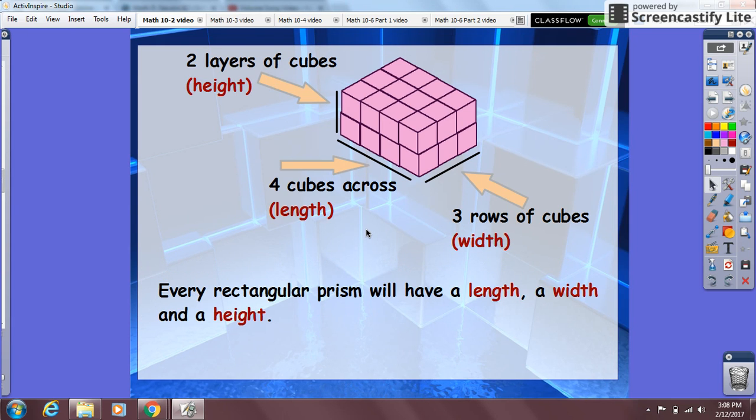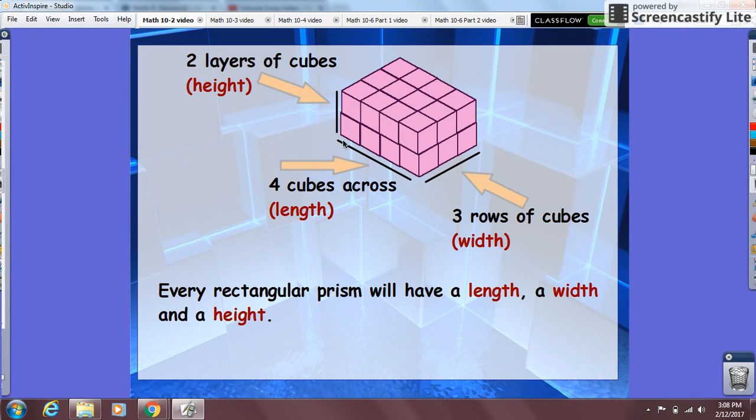Okay, I think you may have come to the conclusion that we could call the number of cubes in each row our length, and then the number of rows would represent our width, and then the number of layers would represent our height.